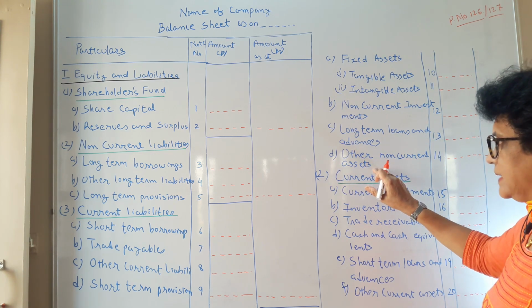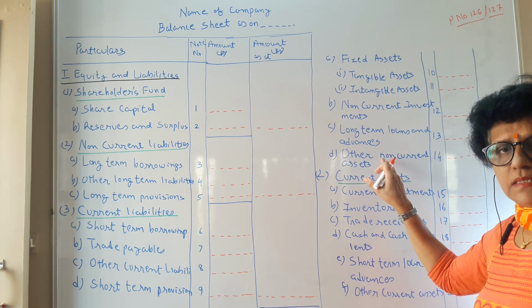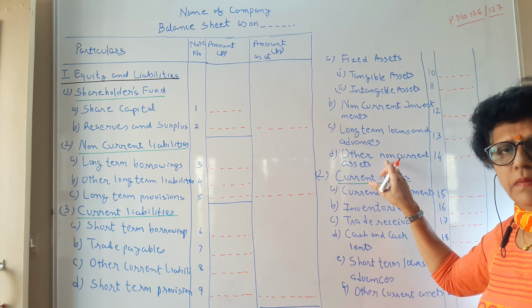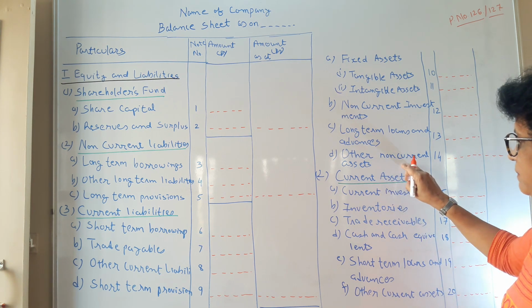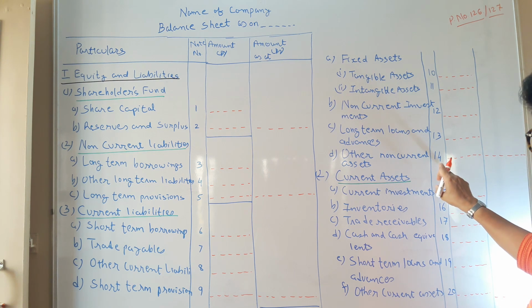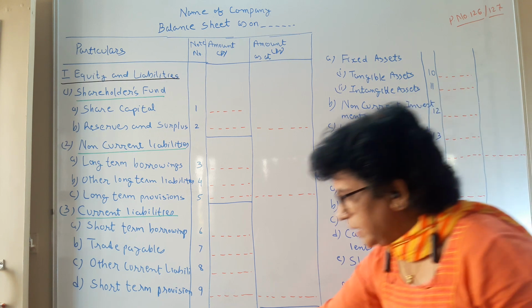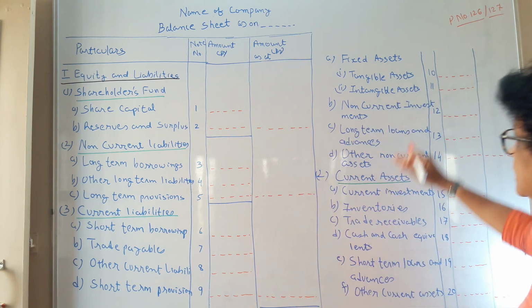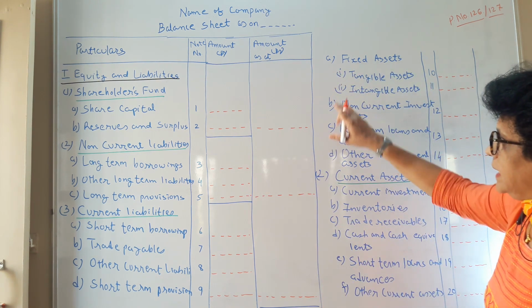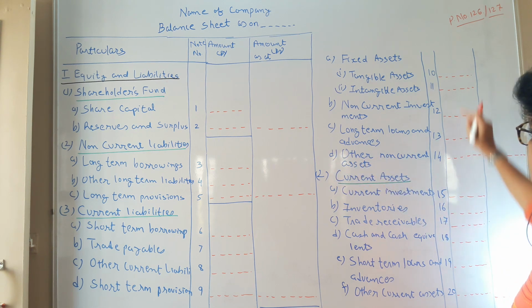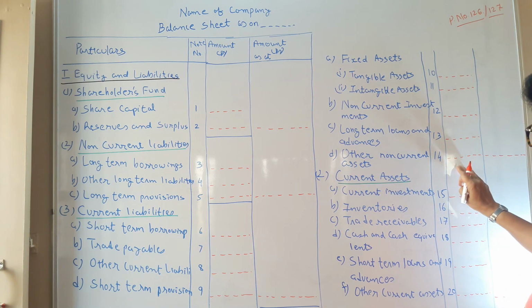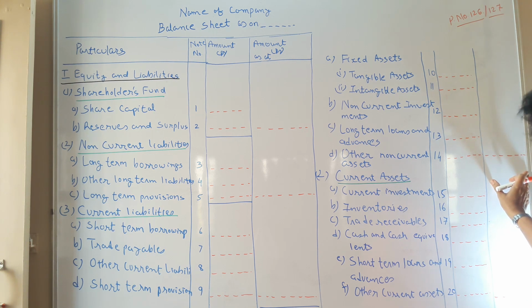Other non-current asset: any other assets which are non-current and acquired by the company, that is to be mentioned here in the note number 14. So in this manner, your first point of the non-current asset having the sub points A, B, C and D, put the figures in the outer column and the total is to be kept on the outer side.